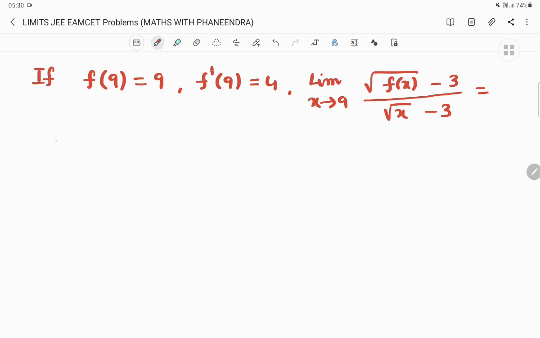So options are available: 4, 1 by 4, 1 by 2, minus 1 by 2.